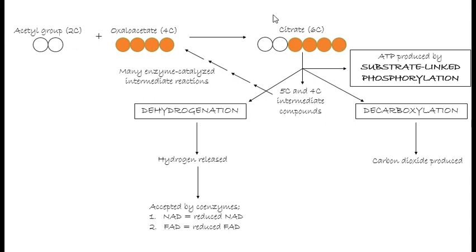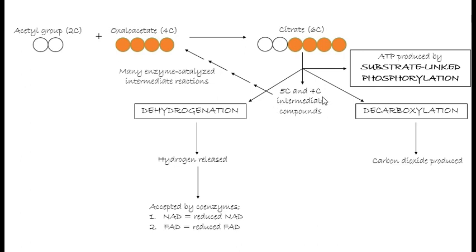Now this 6-carbon citrate molecule undergoes dehydrogenation and decarboxylation to form 5-carbon and 4-carbon intermediate compounds. Now at CIE A2 level, you are not expected to know the specific terminology or the names of these intermediate compounds.